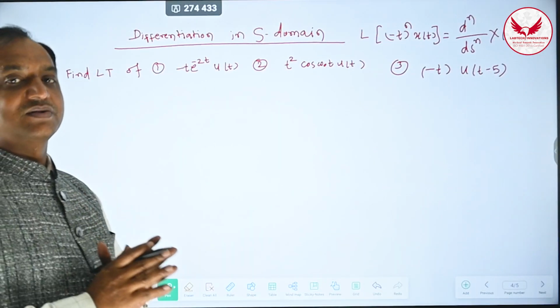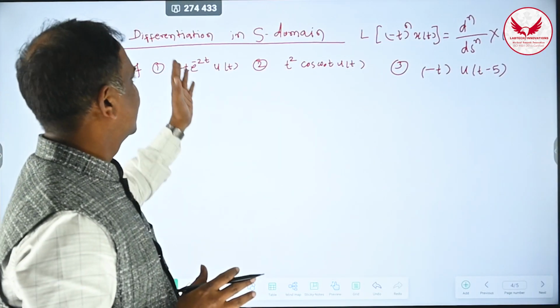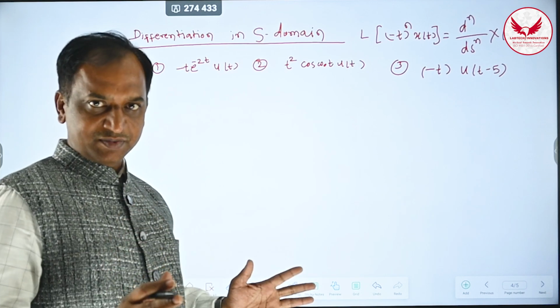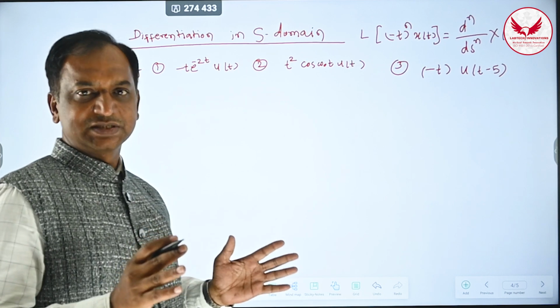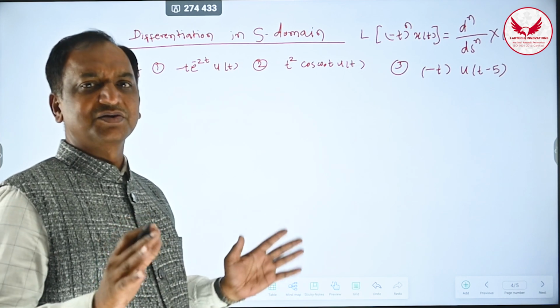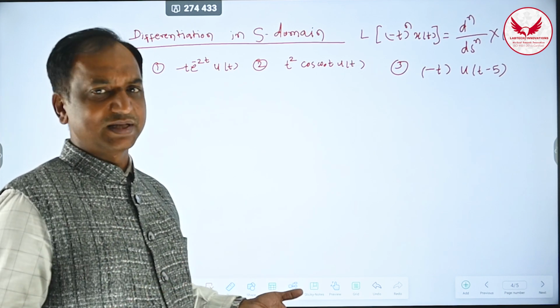Now we will solve some problems using the differentiation in S domain property. Already I have told you that if you know the Laplace transform of basic signals and properties, then you can find the Laplace transform of any complex signal.